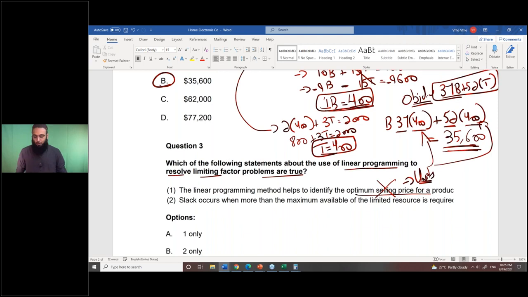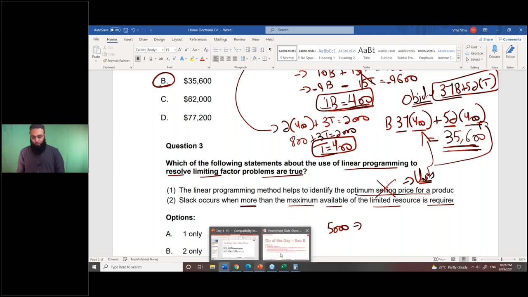Okay. Second, slack occurs when more than maximum available of limited resource is required. More than maximum, which means if you have a maximum of 2,000, 5,000, it says slack means when more than maximum, which means above 5,000 is required. Is slack above the maximum?